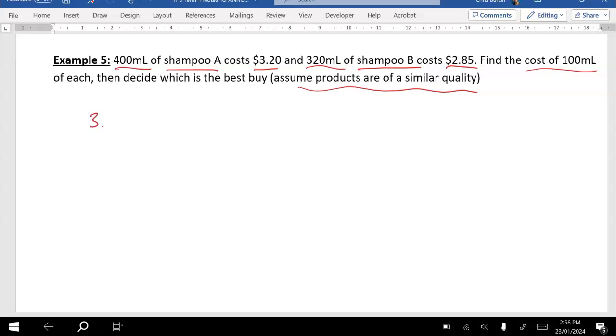So pretty simple, $3.20 divided by 4. I could divide by 400 and get 1 mil, but I just want to get to the 100 mils. So 320 divided by 4 gives us the cost per 100 mils, just so we don't get that wrong. And we're going to do the same thing over here with $2.85.